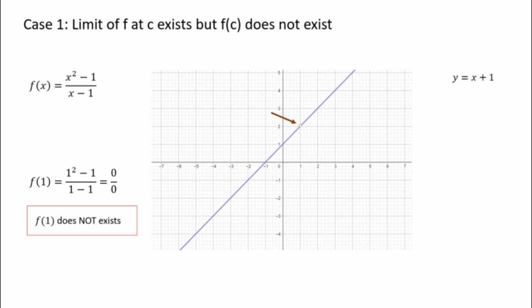This in fact is the limit of the function at x equals 1. So we have a case where the function is not defined at a point, but its limit exists at that same point. And so they do not coincide.